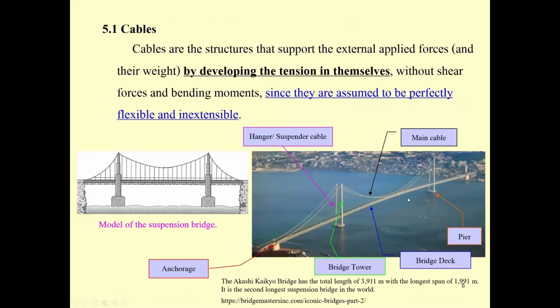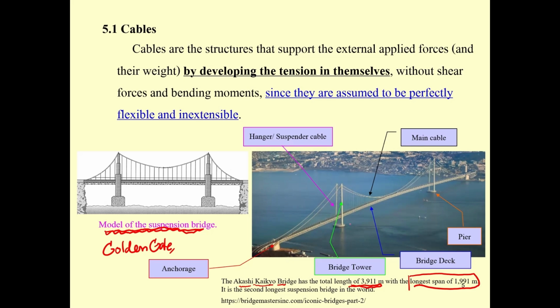Now, coming to the cable, as Ajahn mentioned, there are models of the suspension bridge based on many renowned suspension bridges. Apart from the Golden Gate Bridge of California, we still have the Akashi Kaikyo Bridge in Japan that can span a total length of 3,911 meters with the longest span of nearly 2 kilometers.